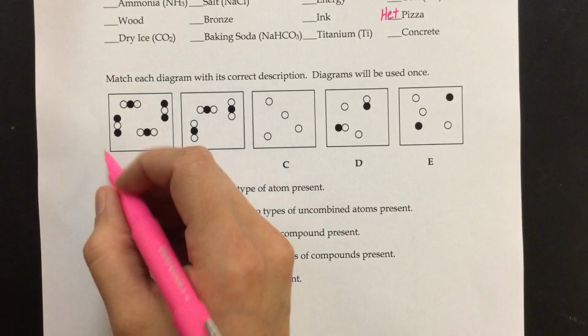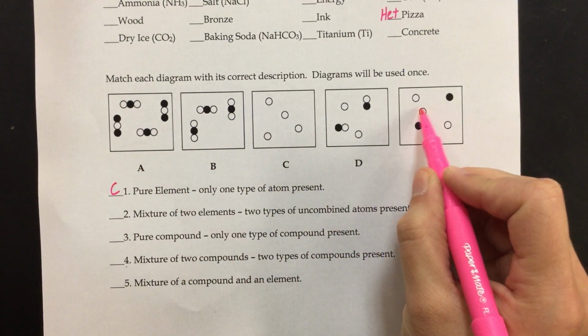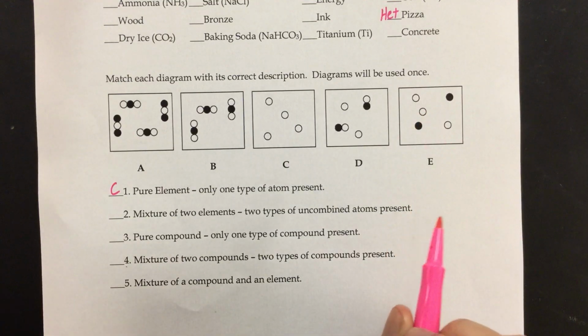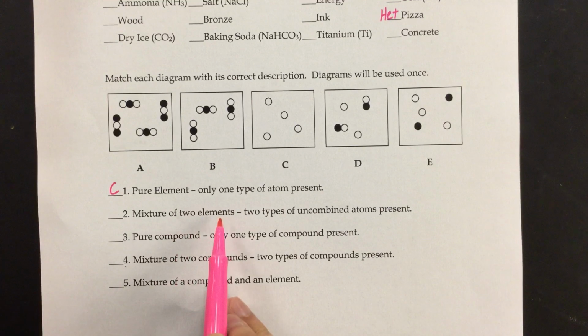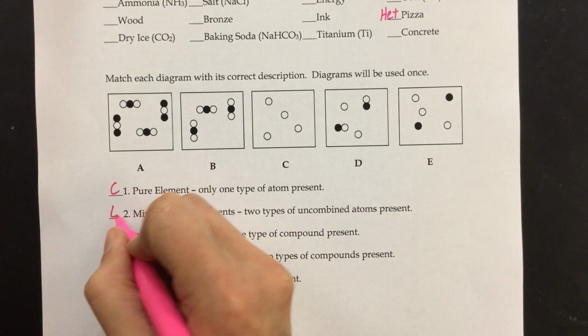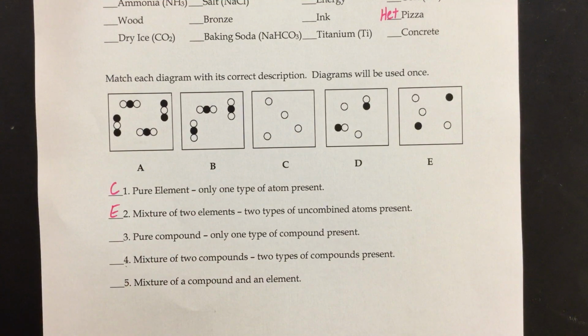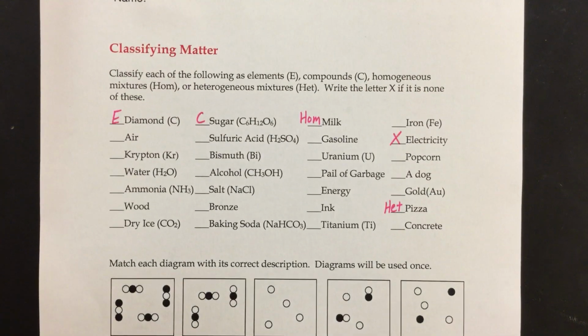So it would be this one, C. Because this one has the white circles, but it also has black circles, so that's two different types of elements. So that would actually go with number 2, mixture of 2 elements, 2 types of uncombined atoms. So this one would be E. Okay, so you should be able to go through and match up the rest of those pictures. All right, so that's that part of the assignment. Good luck.